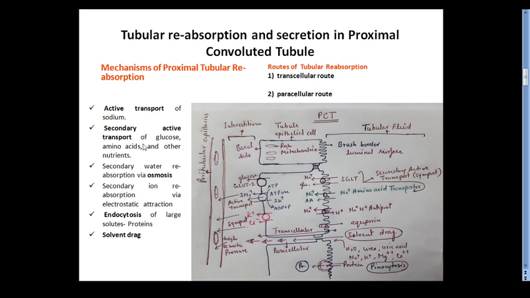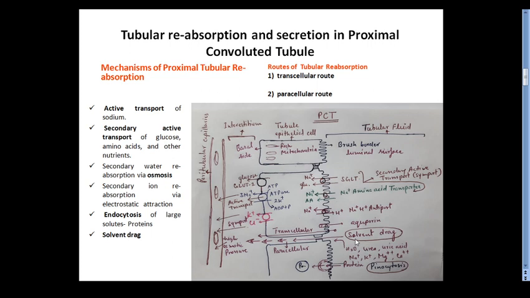Another mechanism is secondary active transport, like of glucose and amino acids and other nutrients. Here you can see the transporters. And another mechanism is secondary water reabsorption via osmosis.